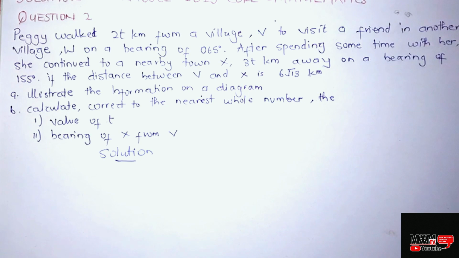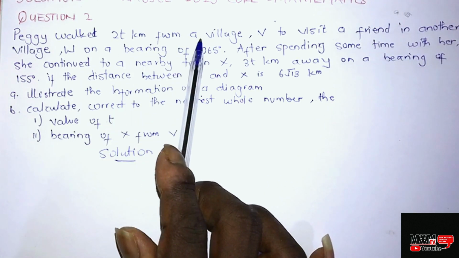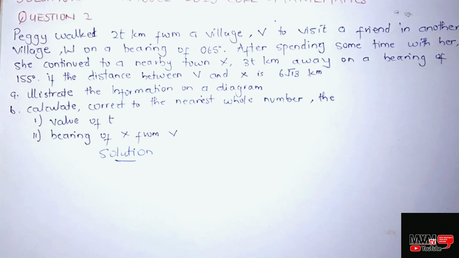Now, A, we are asked to illustrate the information on a diagram. It says that Peggy walked 2t kilometers from a village, V. So, let's sketch the diagram here.